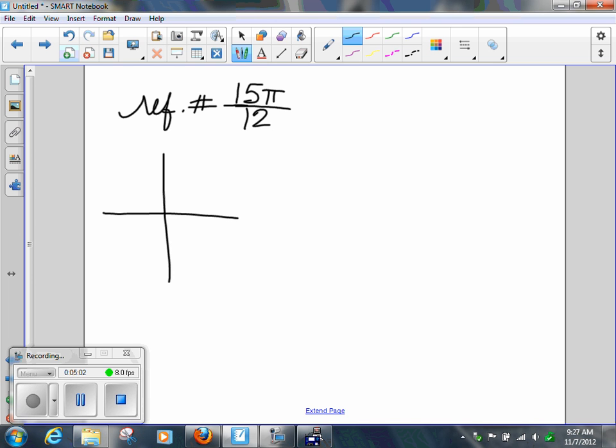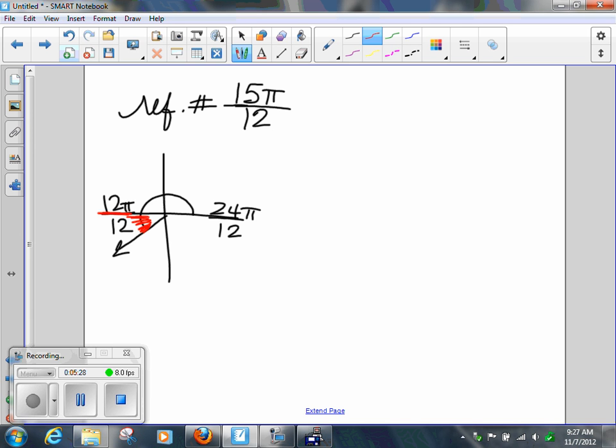I draw it every time because I have to. I need to see this. Do you understand where I'm getting the 12 pi and the 24 pi from? Then I'm going to graph it. I know that 15 has got to fall here, because it's 12, 13, 14, 15. And then what's the closest distance back to the x-axis? It's going to be 12 pi.